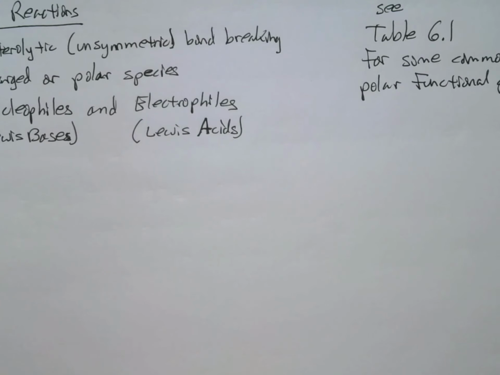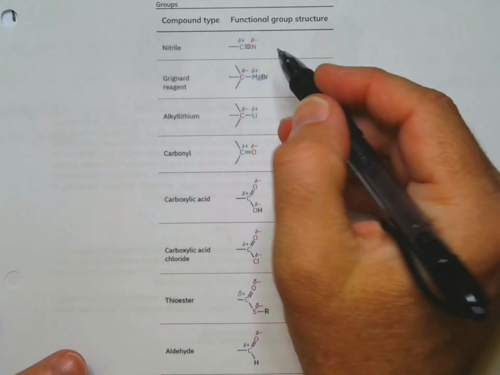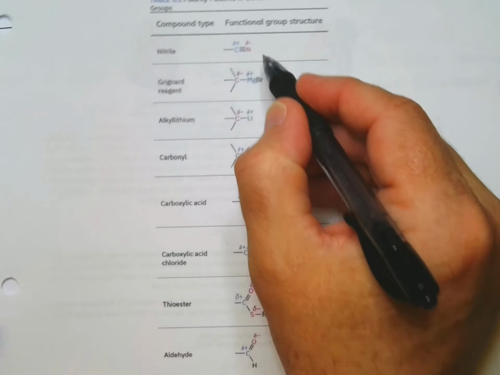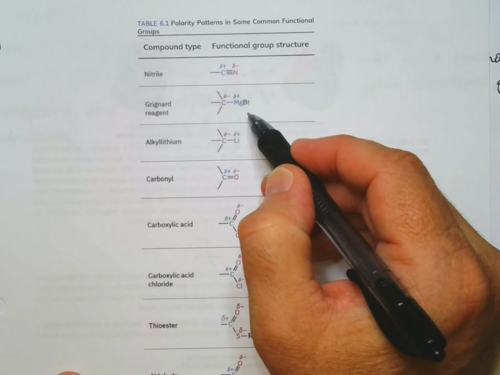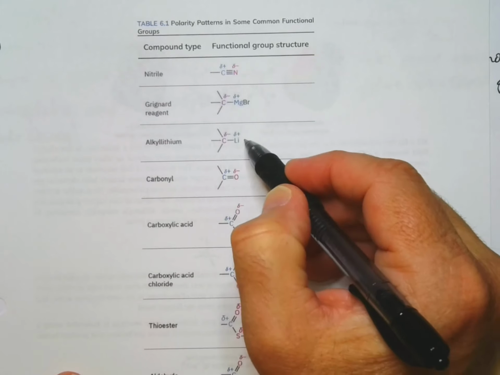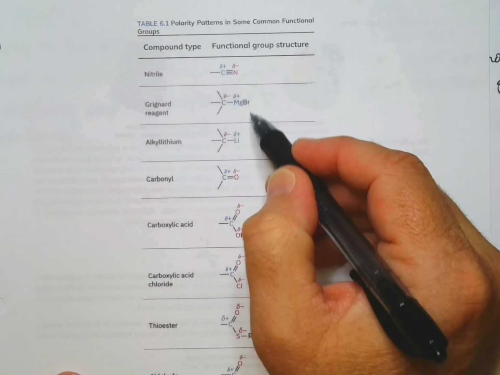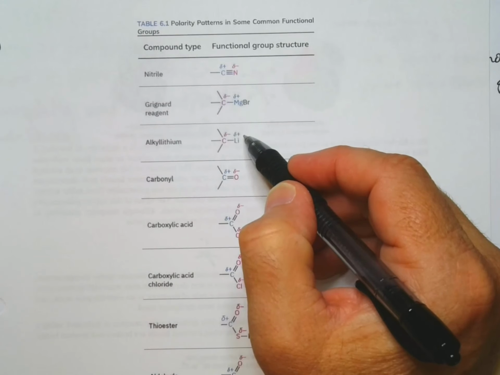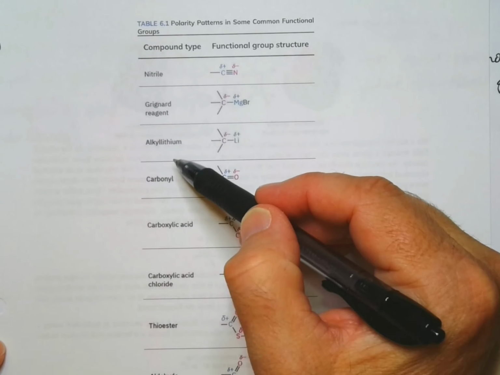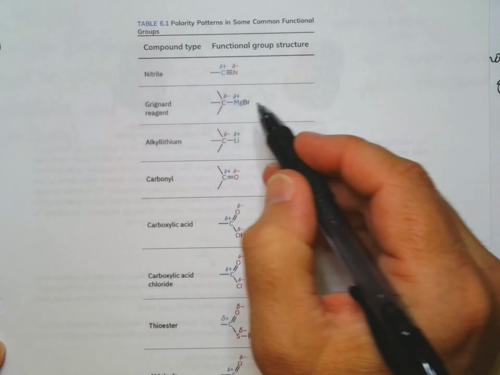What else do we have here? Let me get the next page of that table. Nitrile, again, we have a carbon-nitrogen triple bond here. Now the next two are examples of reverse polarity. Normally, the carbon has the partial positive charge, but sometimes it doesn't. For example, a Grignard reagent or an alkyllithium reagent.